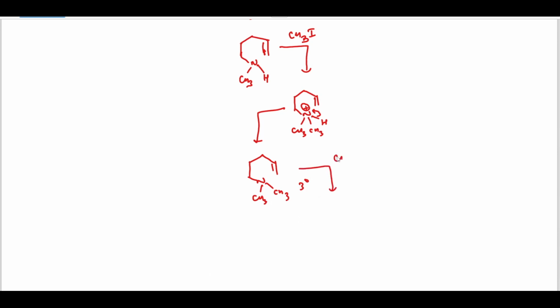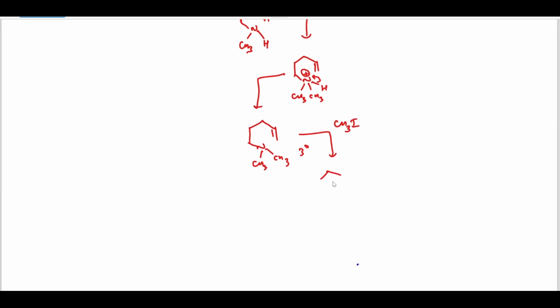So this methyl iodide will again react with it and now quaternary amine will be formed. Clear? So this is your quaternary amine, quaternary ammonium salt. Okay.